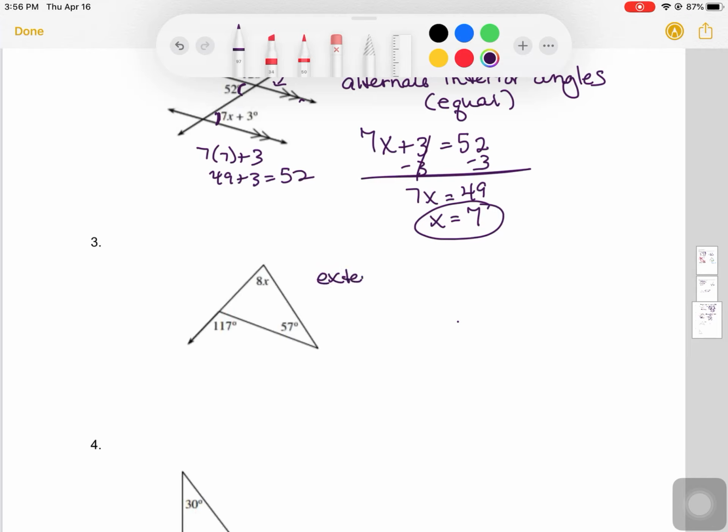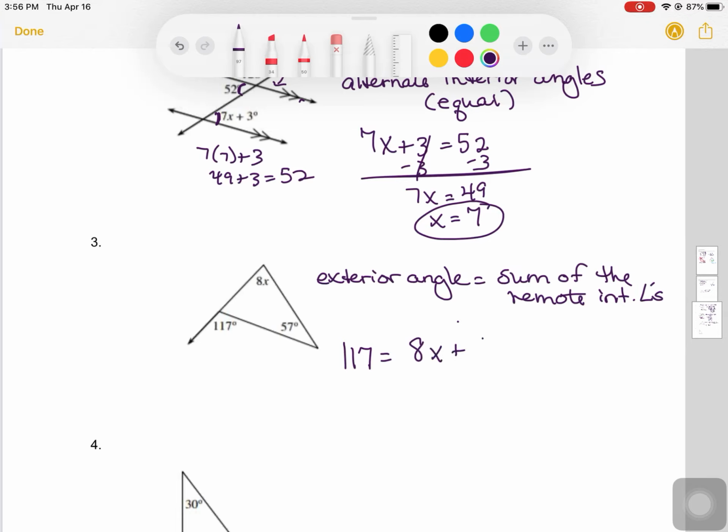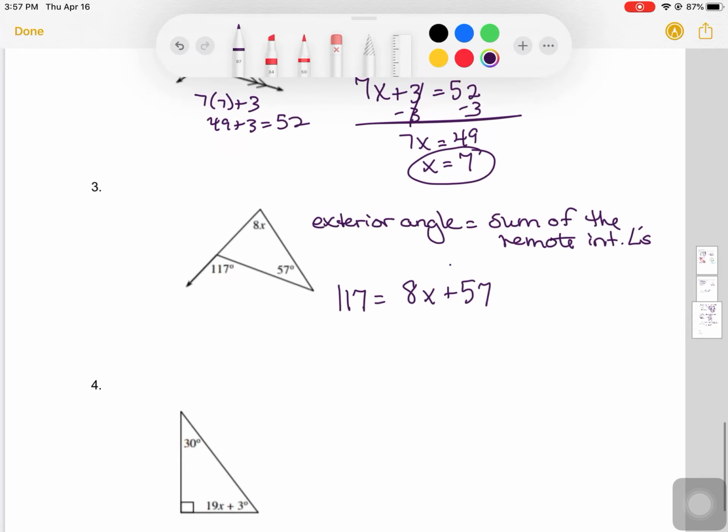This one, number 3, is about our exterior angle. So an exterior angle equals the sum of the remote interior angles. So I know, based on that, 117 is equal to the sum of 8x plus 57, and I know they're remote, they're removed from the 117, they are not connected to or adjacent to 117.